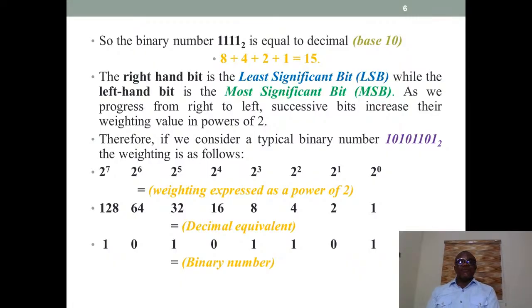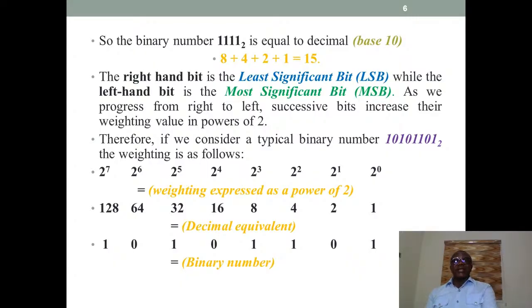Therefore, if we consider a typical binary number written as 10101101 in base 2, the weighting will be as follows. The one to the right, which is the least significant bit, will be 2 raised to power 0. The following one is 2 raised to power 1. Continue until we get to the left one, which is the most significant bit.